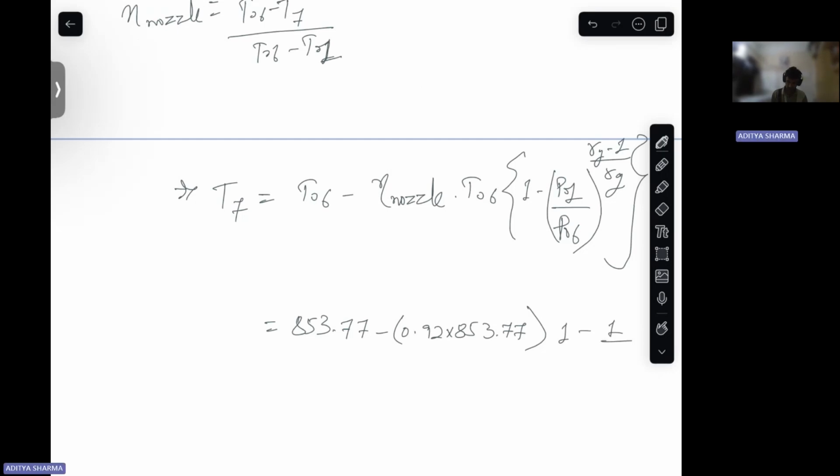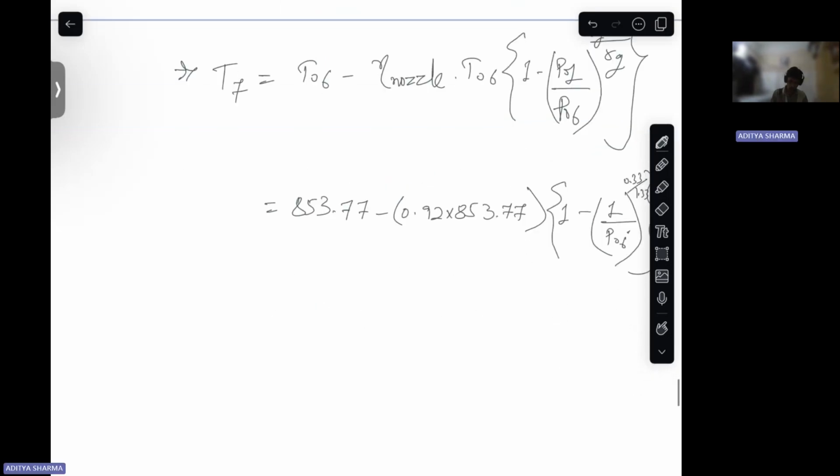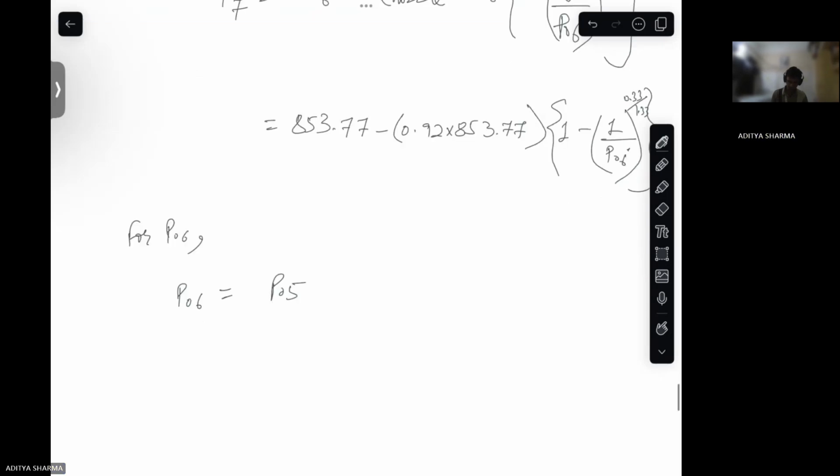Now P naught 1 by P naught 6, we have not calculated yet. Other things we have, 1.33. So for P naught 6, P naught 6 is equal to P naught 5 into P naught 6 by P naught 5.